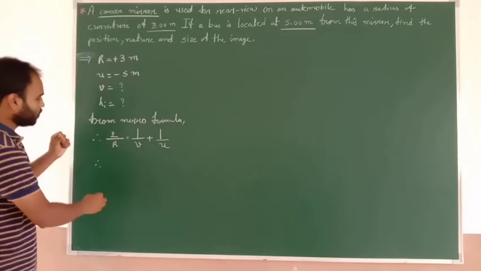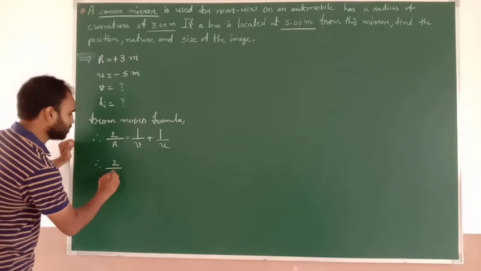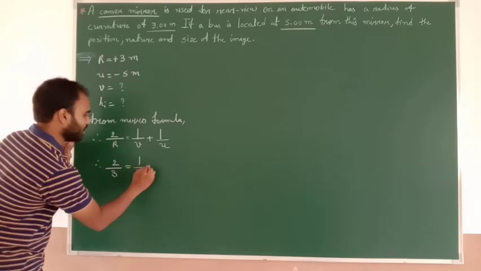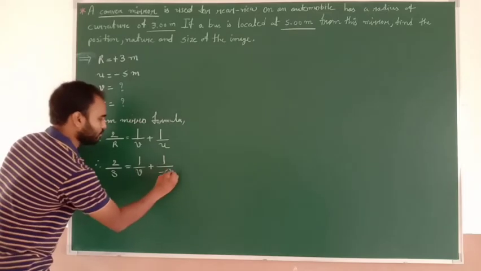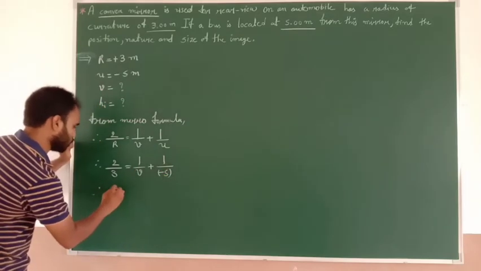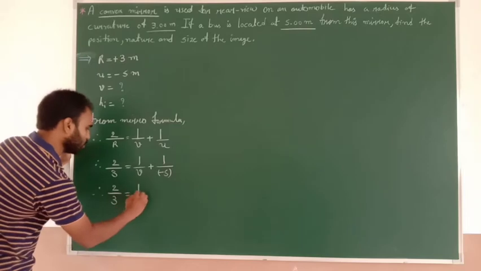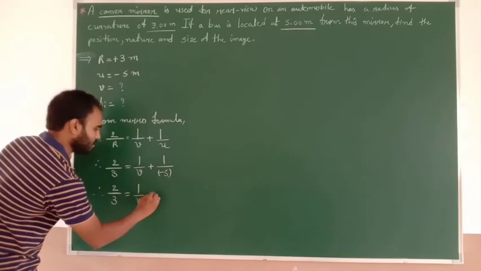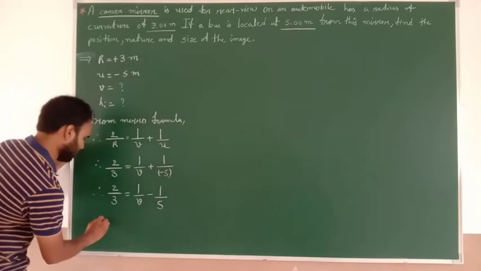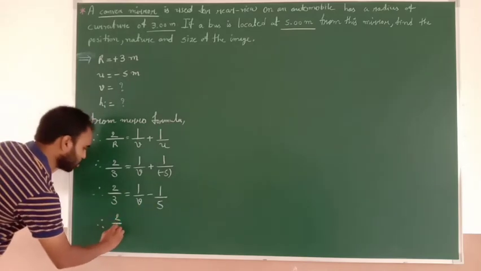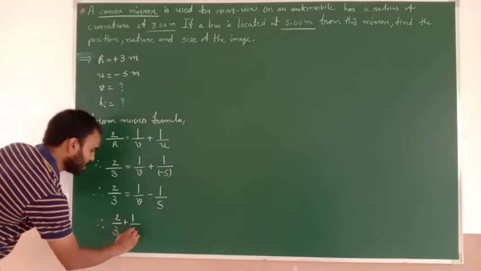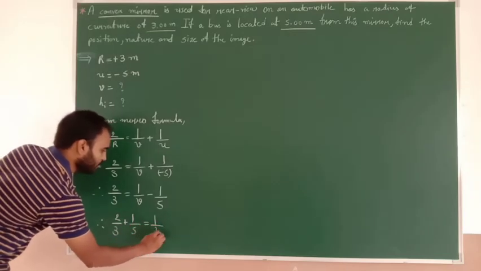By taking the values, 2 by 3 is equal to 1 by v plus 1 upon the value of u, which is minus 5. So 2 by 3 is equal to 1 by v plus minus 1 by 5. Now minus 1 by 5 comes to this side, then it will be 2 by 3 plus 1 by 5 is equal to 1 by v.